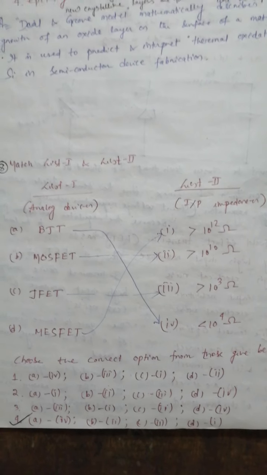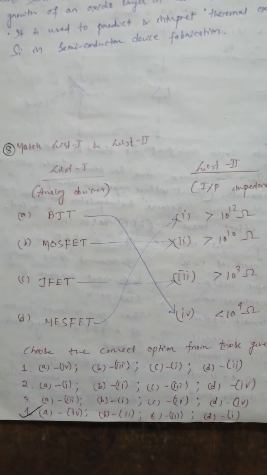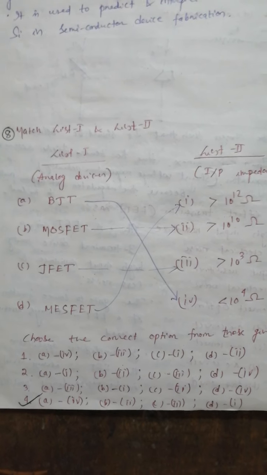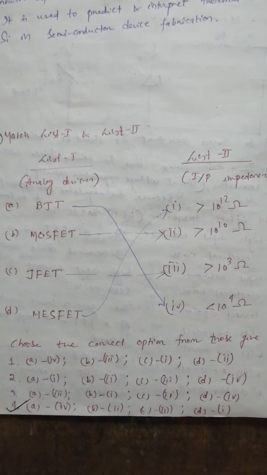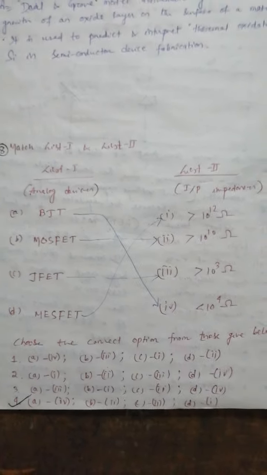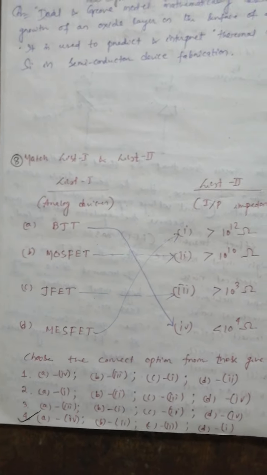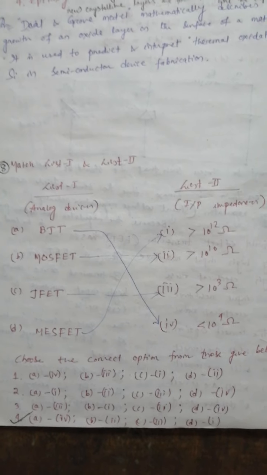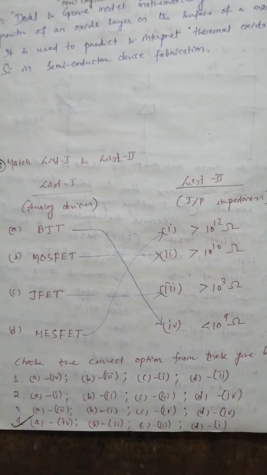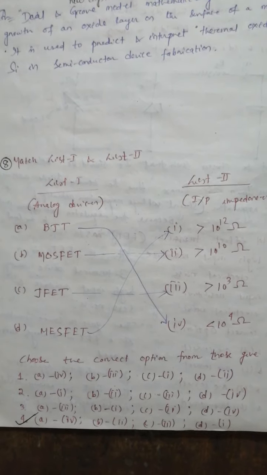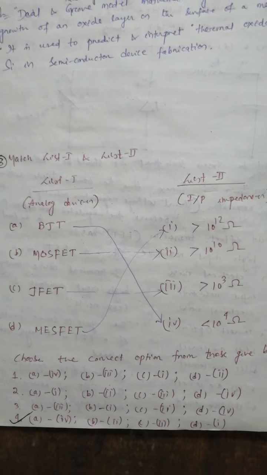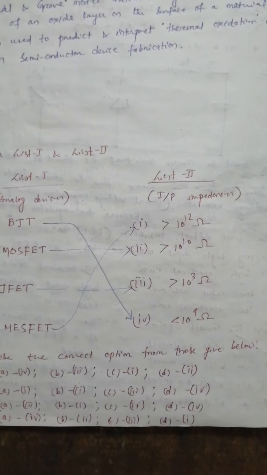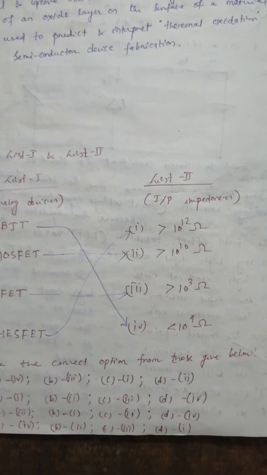The options are given as combinations like A4, B3, C1, D2 and so on. You can read the options yourself. The correct option will be option 4, that means A with 4, B with 2, C with 3 and D with 1.